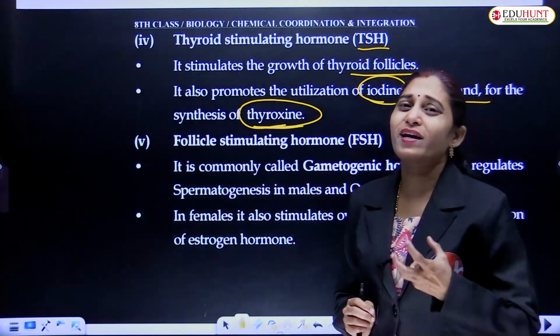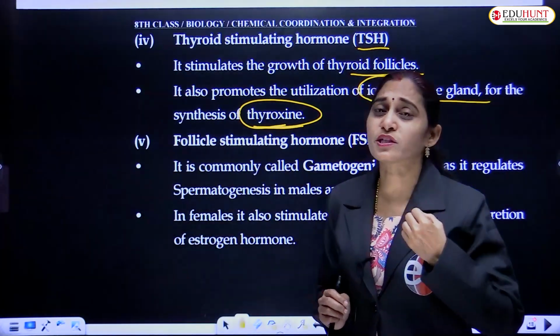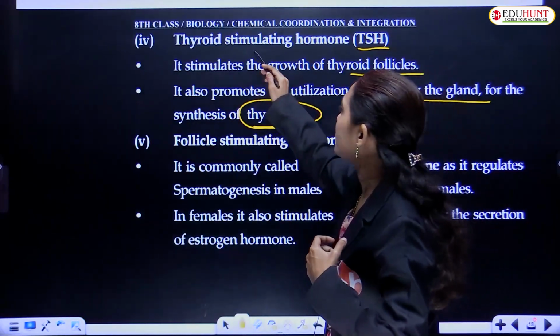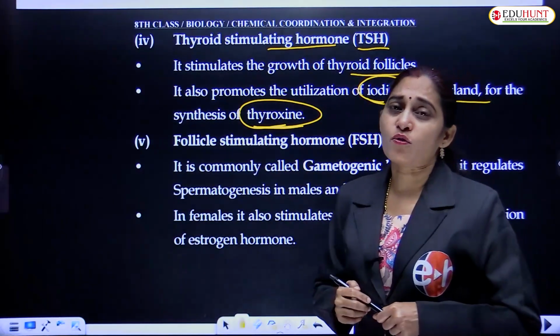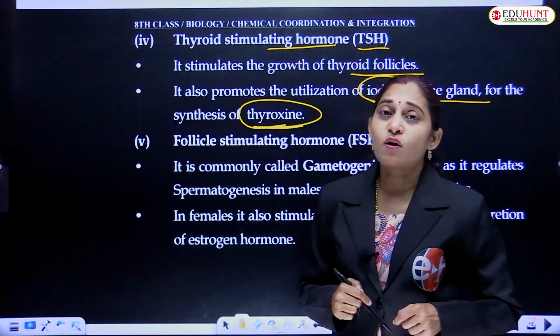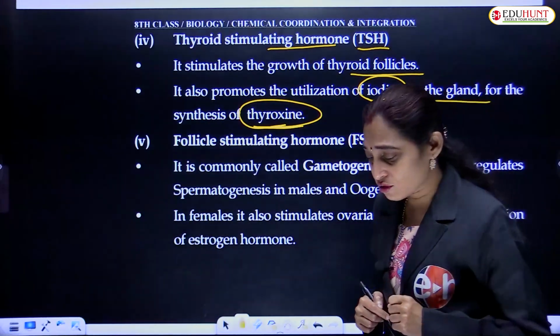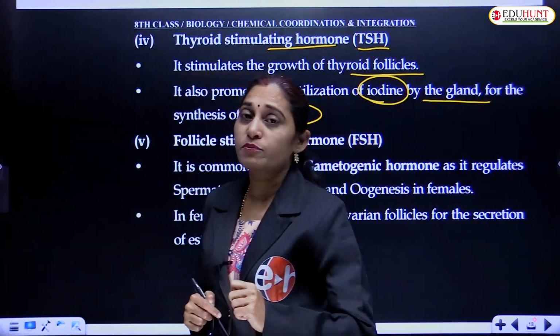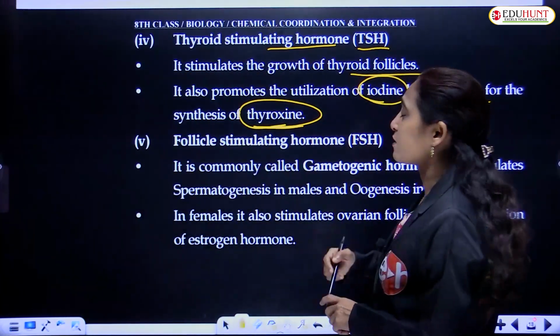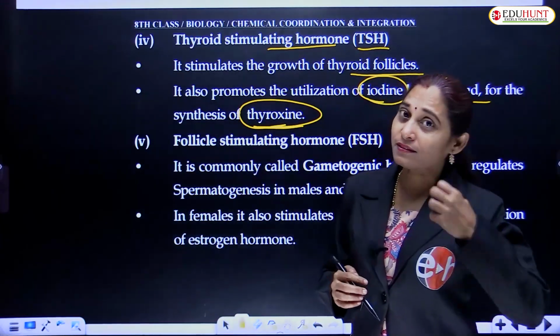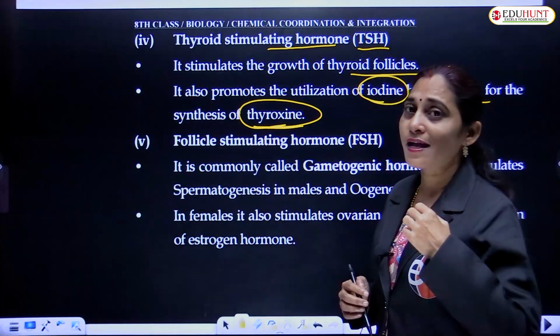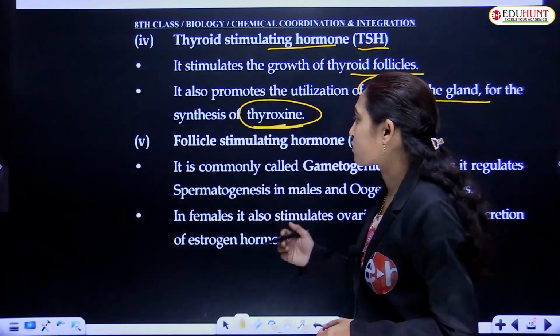Thyroid stimulating hormone not only stimulates the growth of the thyroid follicles, but also promotes the absorption of iodine for the synthesis of thyroxine hormone by the thyroid gland.